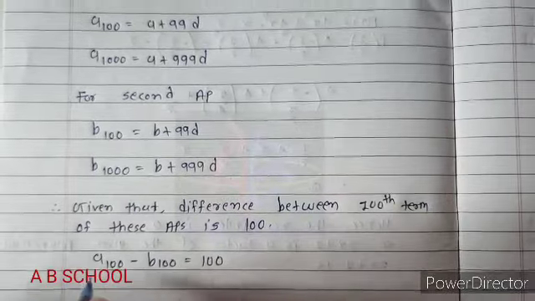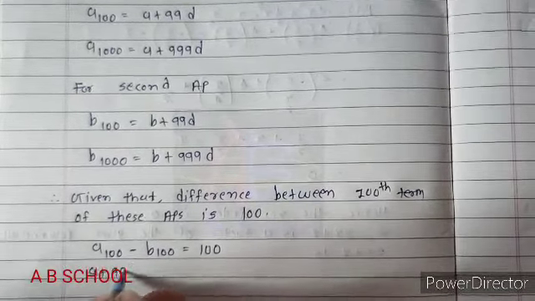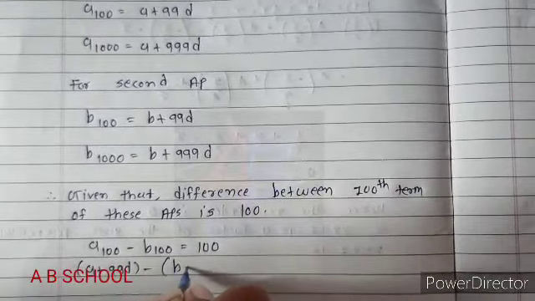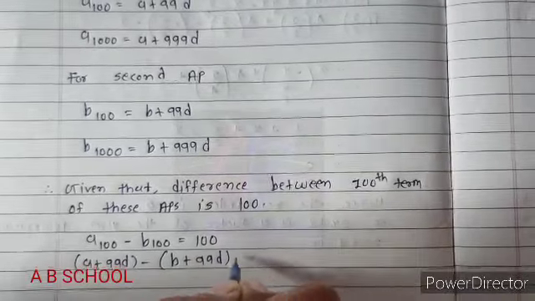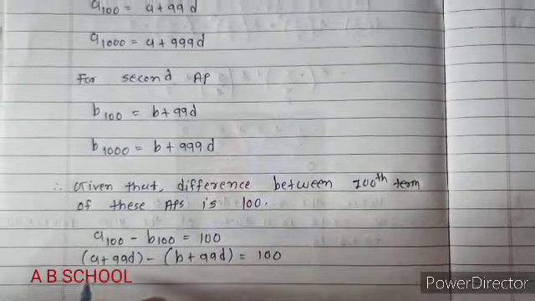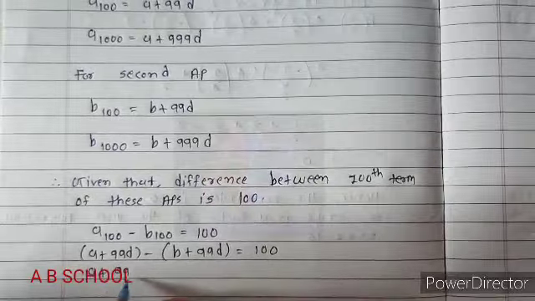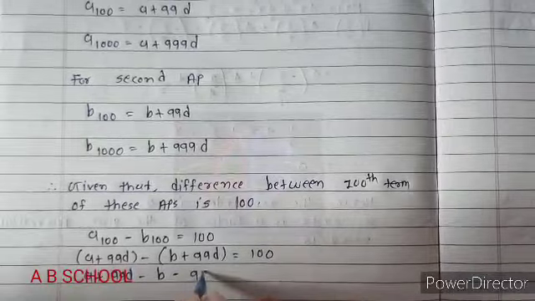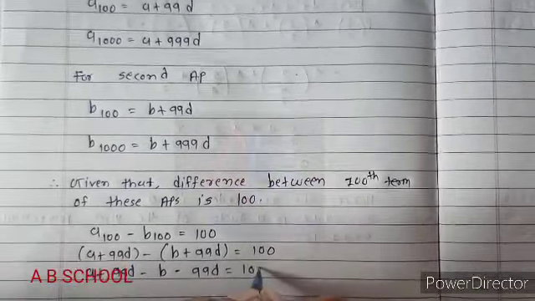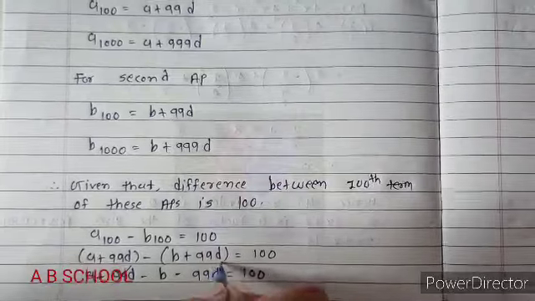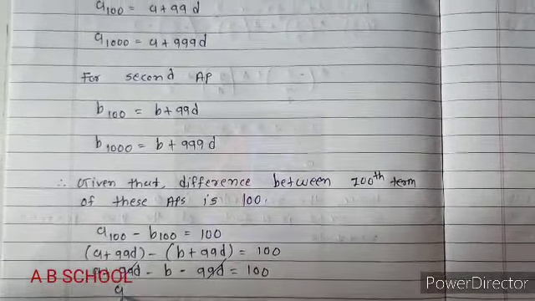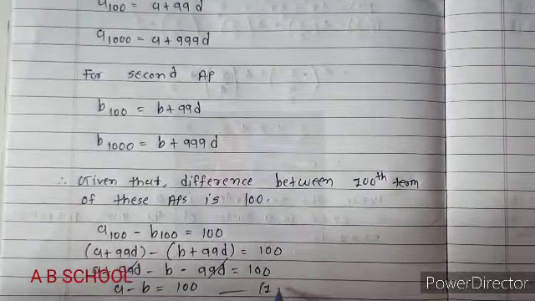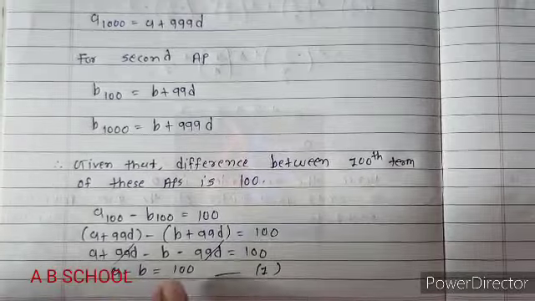A100 is A plus 99D, minus B100 which is B plus 99D, is equal to 100. So A plus 99D minus B minus 99D is equal to 100. Plus 99D minus 99D cancel out. So A minus B is equal to 100. Equation number 1.